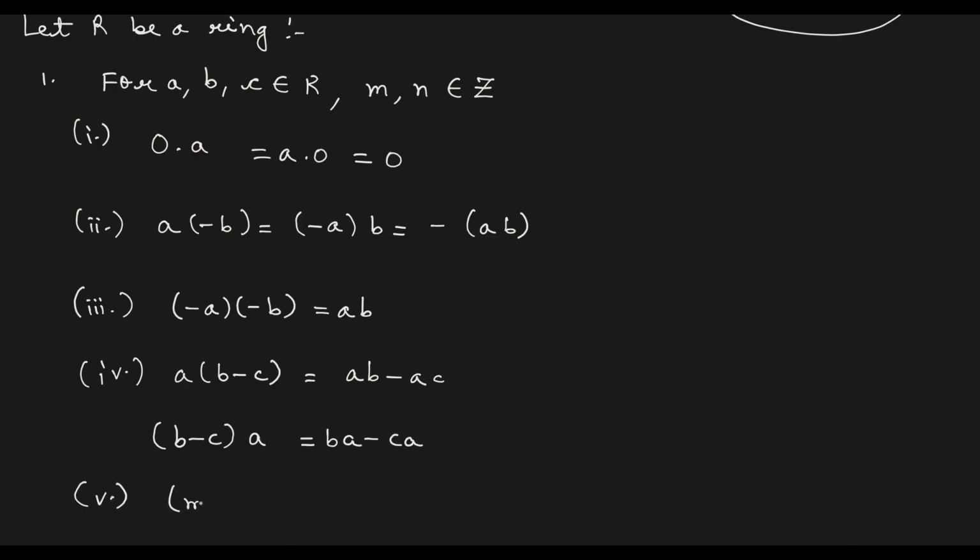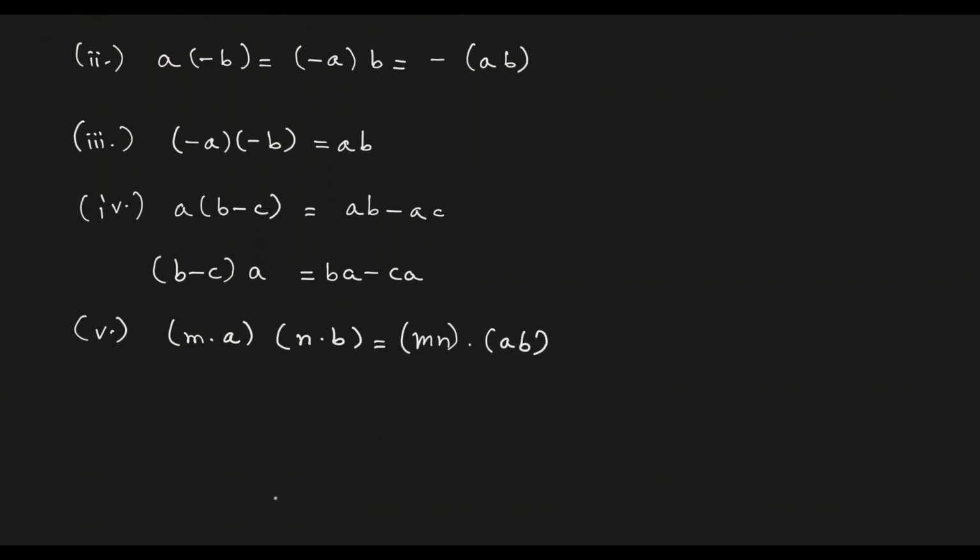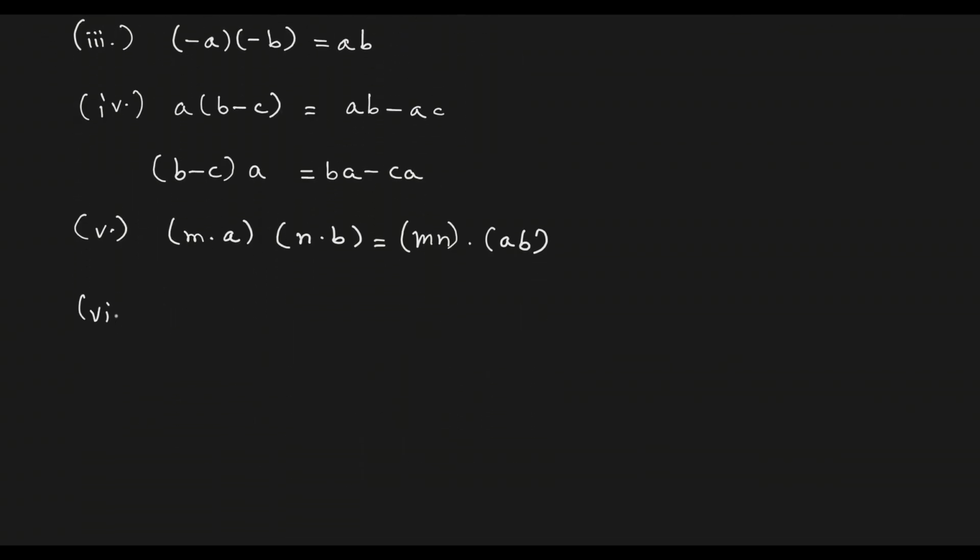Fifth property, (m into a)(n into b) is equal to mn into ab. Sixth, m into ab is equals to (m into a) into b is equals to a into (m into b).